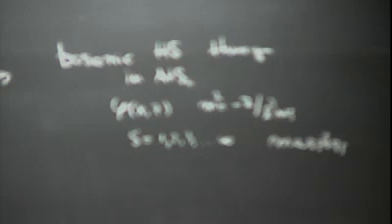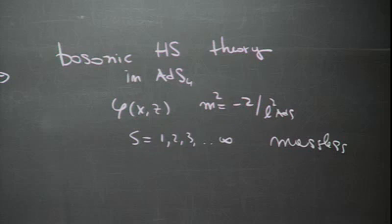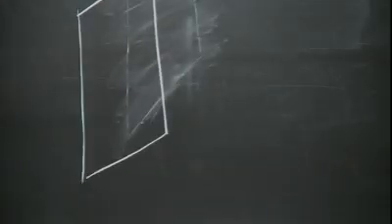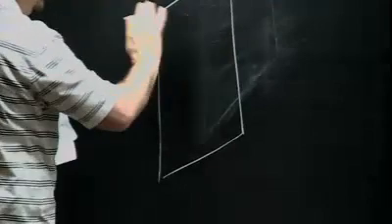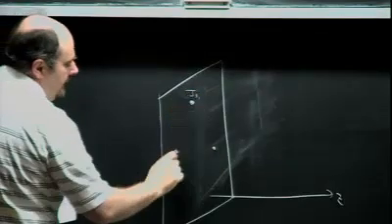And we expect that all these fields will interact in some non-trivial way, because from this AdS theory we are supposed to be able to recover the non-trivial correlation functions of these operators. For example, let me draw a picture which is slightly different from what I was drawing yesterday. Let me denote this plane as the boundary and this as the z direction. Here we have some operators at the boundary, let's say a 3-point function of these operators.